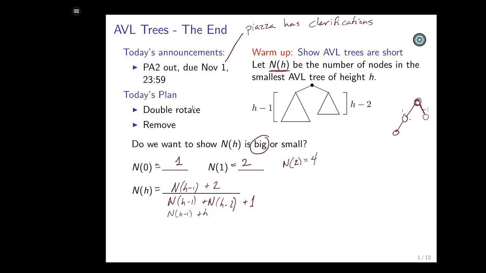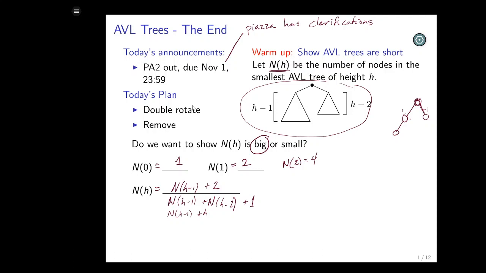Well, this little tree that I drew up here, this picture was supposed to be a bit of a hint. If I want the smallest number of nodes in a tree of height H, the tree has to be height H. What does that mean about the children? At least one of the children has to be of height H minus 1.